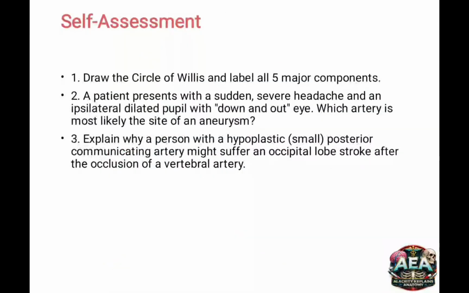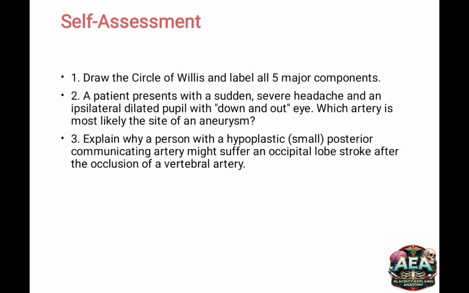So take an assessment. This is what I'll ask you to do. Draw the Circle of Willis and label all the 5 components of the circle. And your second assessment is a patient presenting with a sudden severe headache and an ipsilateral dilated pupil with a down and out eye.